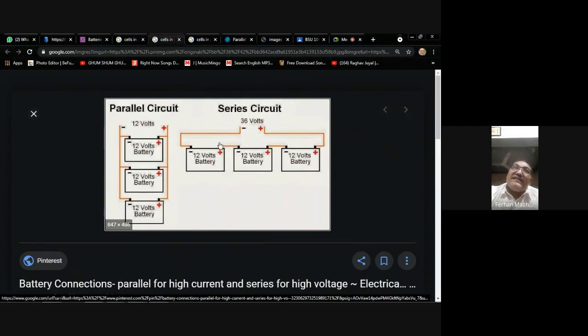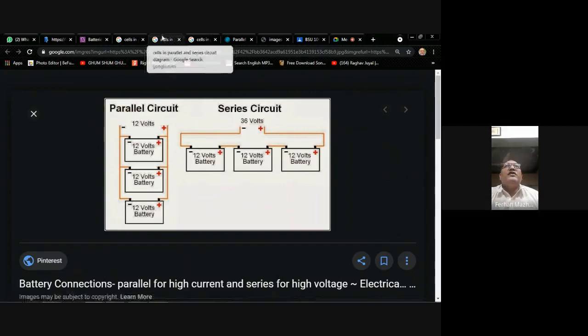So when you connect the cells or batteries in series, the EMF of the combination will be the sum of the individual EMFs. But when you connect them in parallel, and in our syllabus the batteries will always be identical, the EMF of the whole combination will be equal to the EMF of a single battery. So I hope that you have understood.